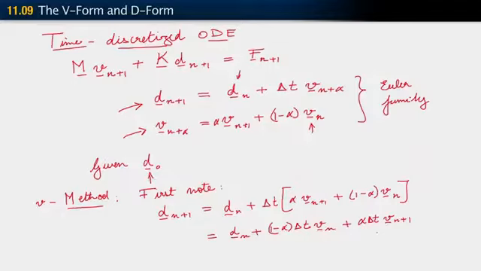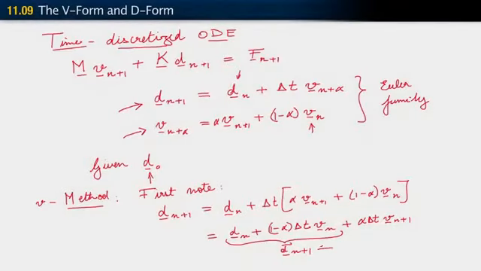Okay? Now, what we've done here, if you observe, is rewrite dn plus 1 in terms of quantities that depend only on quantities at n. Okay? So let's denote this as d tilde at n plus 1. Okay?